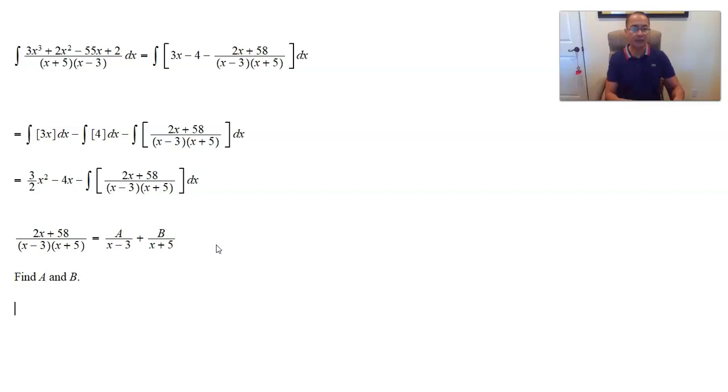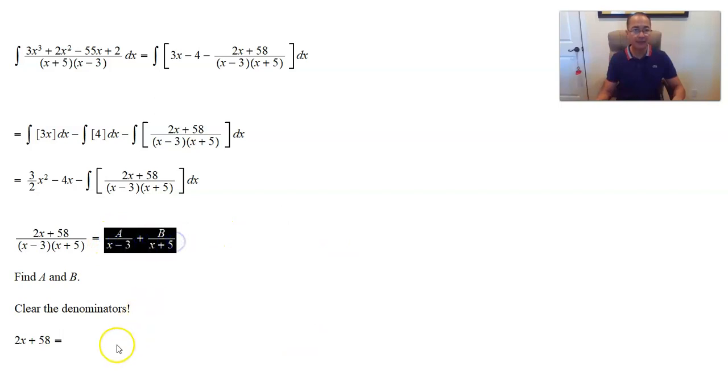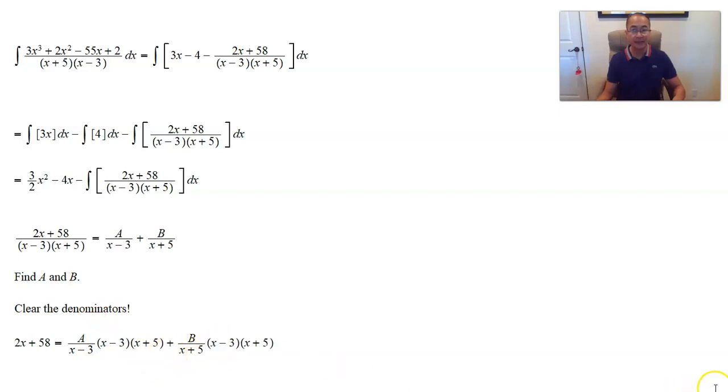Well, one thing we can do is clear out fractions. Clear the denominators. Multiply both sides by (x - 3) times (x + 5). On the left, you clear the denominator completely, but let's do the right carefully. We have two fractions on the right, and each of them gets multiplied by this denominator. Multiply the first by that and the second by that.